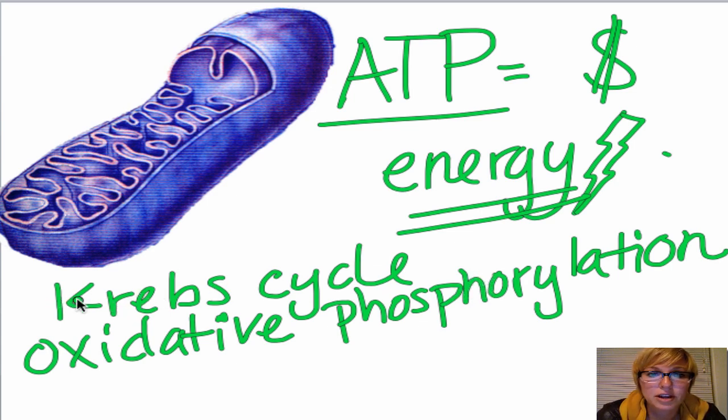So these two very important cycles happen in the mitochondria, and these two cycles are really awesome at making ATP, which gives the cell energy to do things like move materials in and out, and make materials, and break apart materials, etc. This is what the mitochondria is, what makes the cell work. It's the powerhouse of the whole cell.